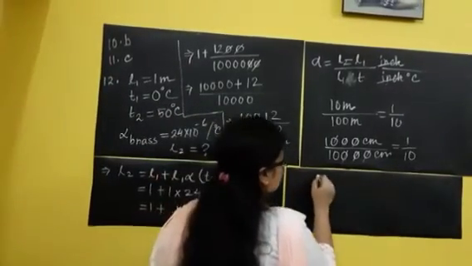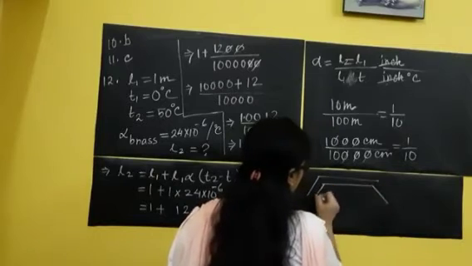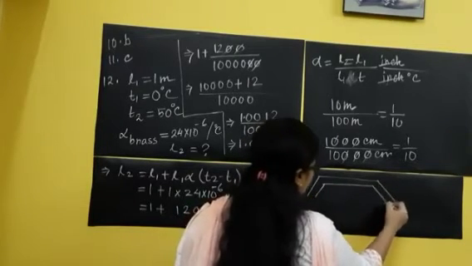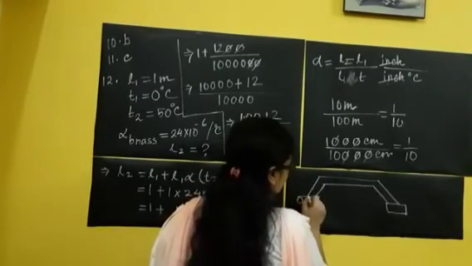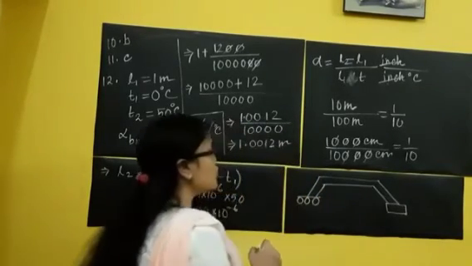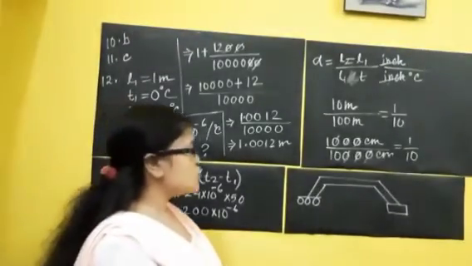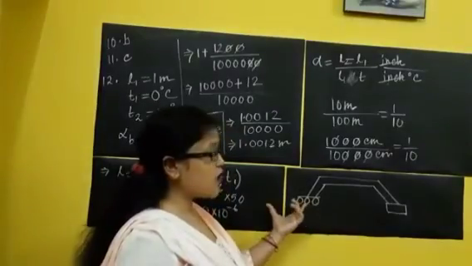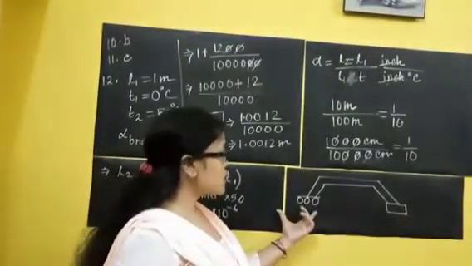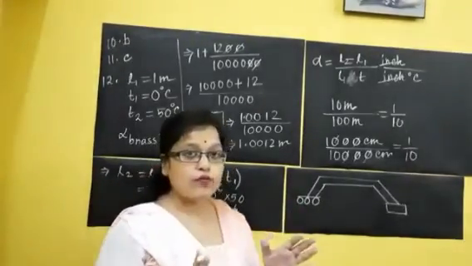If it is a steel bridge or iron bridge, one side is fixed to the pillar and the other side we have a roller. Why? Due to change of temperature, if there is any expansion, this portion can move easily, so the bridge will not break or bend.